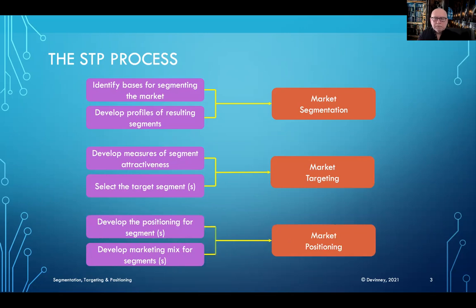And then the positioning aspect of this, and that is, how do you identify these groups, and this relates back to the profiles associated with the segments, and then saying, okay, well, how do I put together a package of things with respect to being able to link into them in the most effective way.